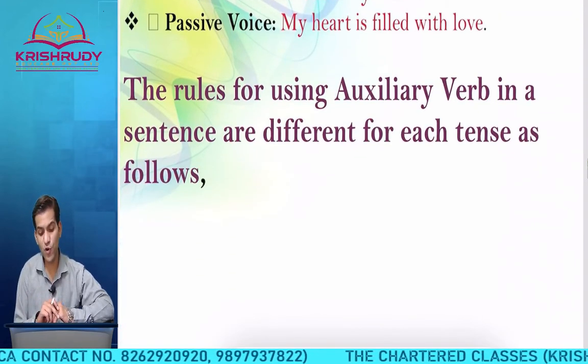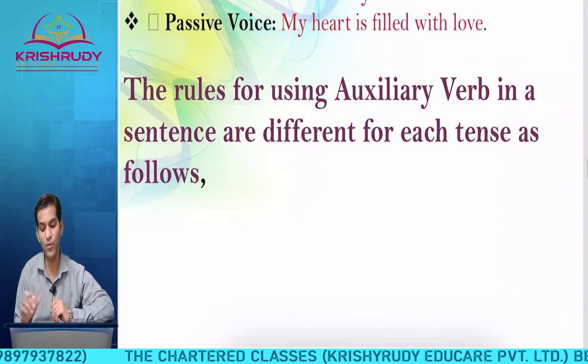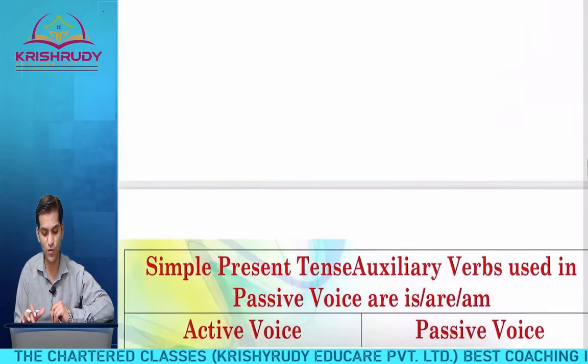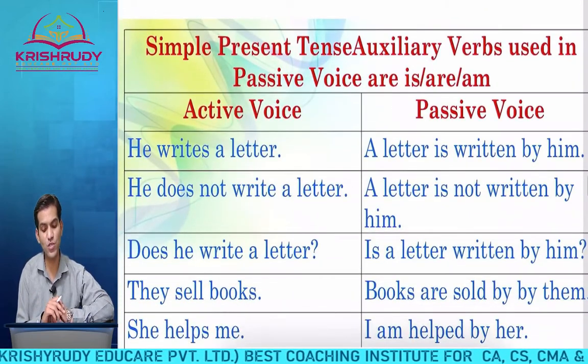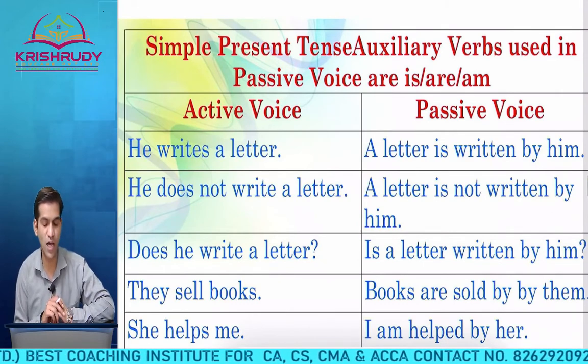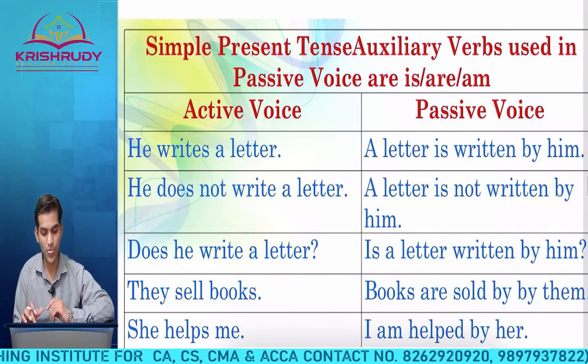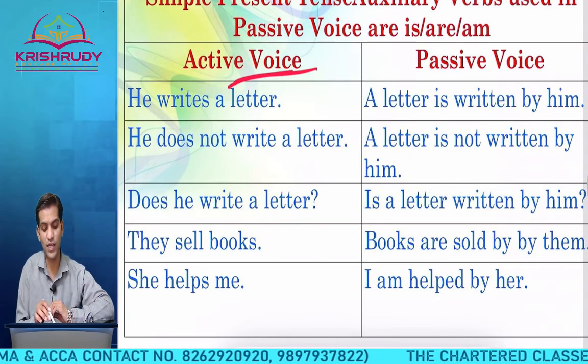Now the rules for using auxiliary verbs in a sentence are different for each tense, as follows. In simple present tense, the auxiliary verbs used in passive voice are is, am, are. Active sentence: "He writes a letter."